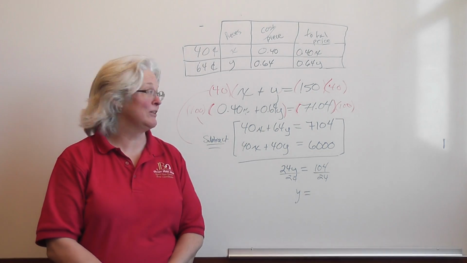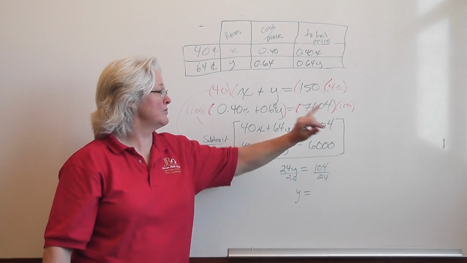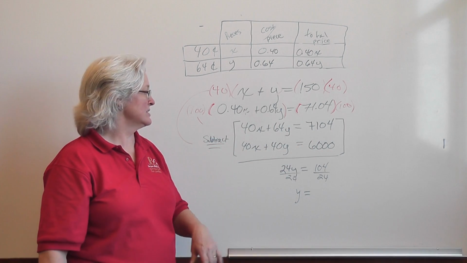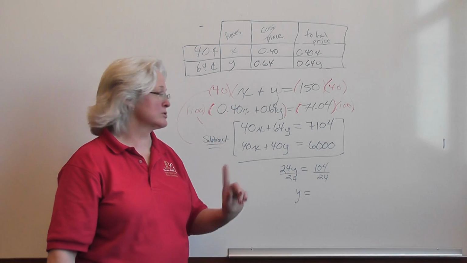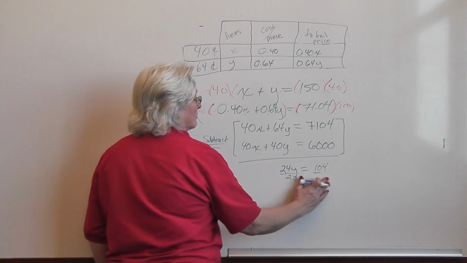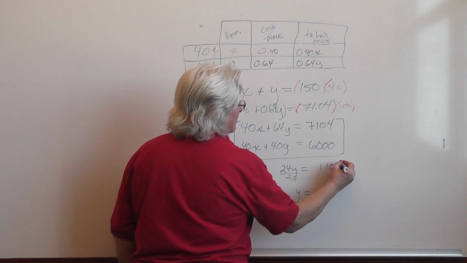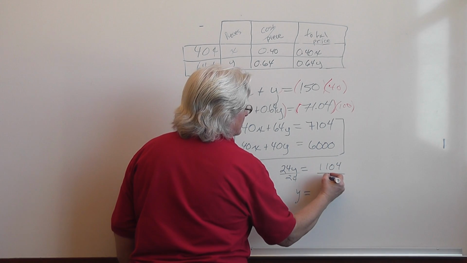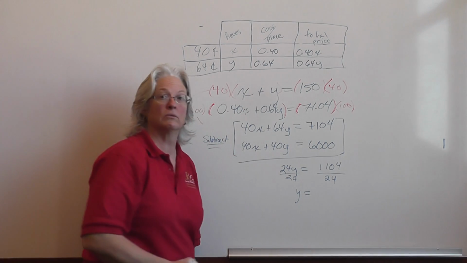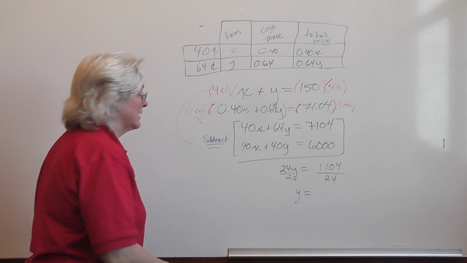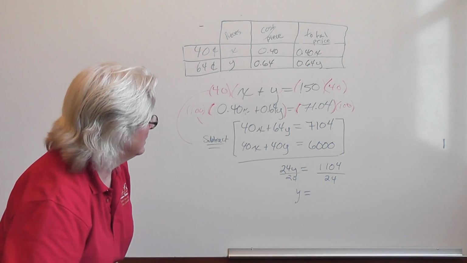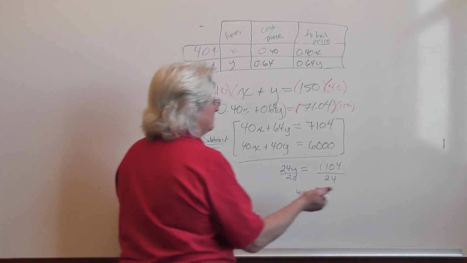I really can't do the arithmetic in my head. 7104 minus 6,000 is not 104, it's 1,104. 1,104 divided by 24. You may punch this into your calculator. Let me go ahead and do it over here to our right.